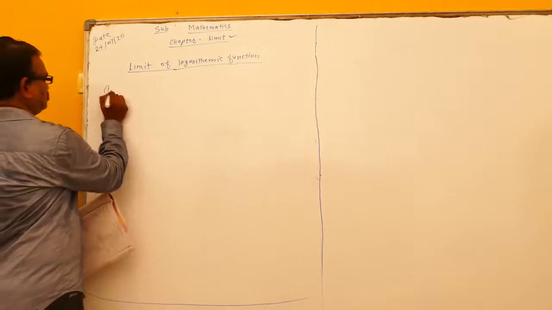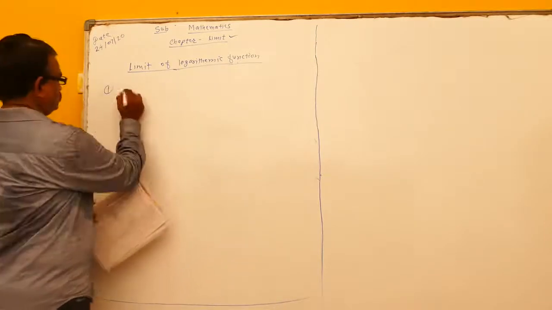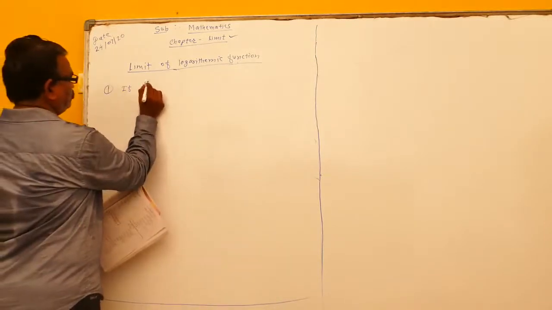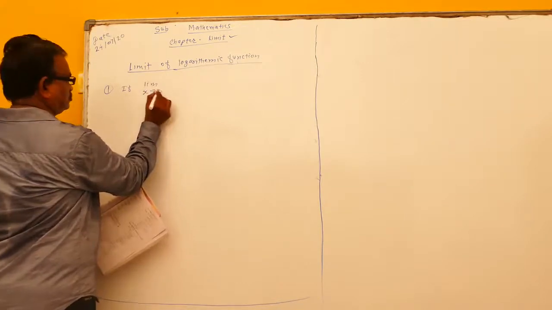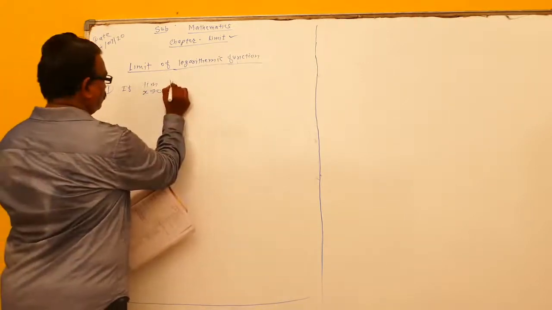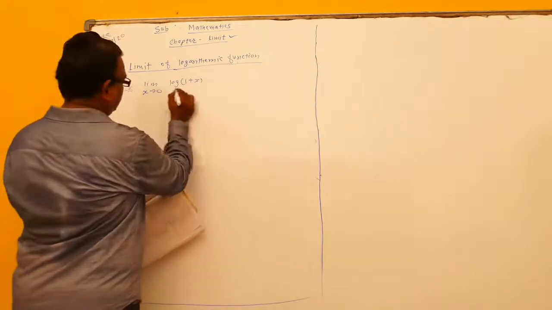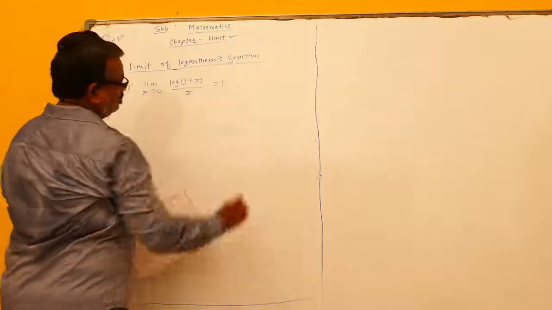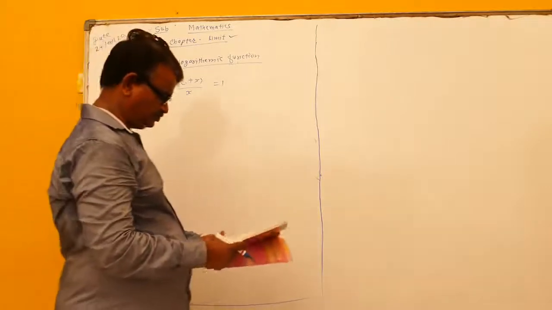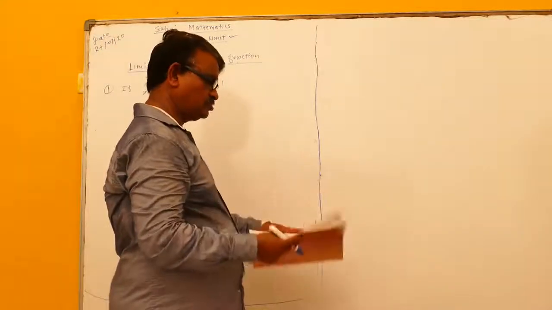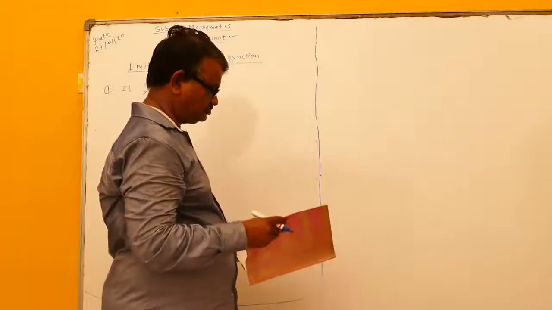That formula: if limit of x tends to 0, log of 1 plus x divided by x is equal to 1. On this we will take some examples.